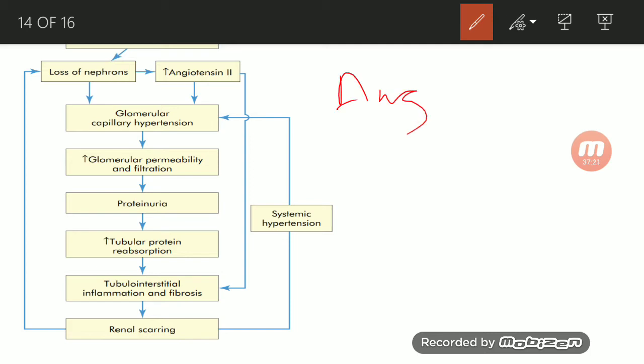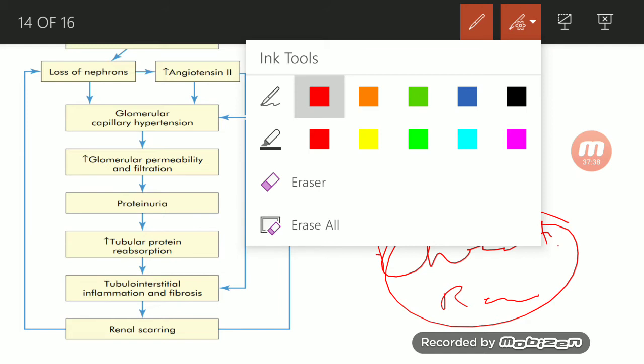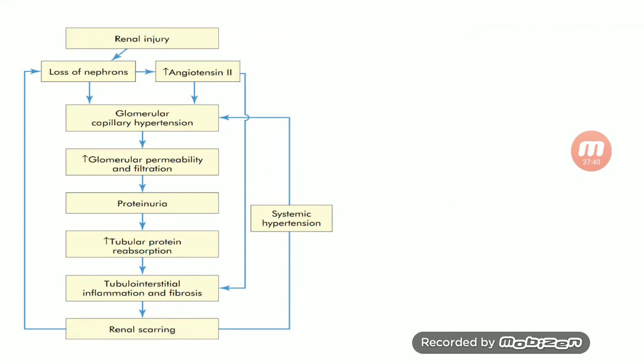It has always been seen that angiotensin 2 takes part in the formation of chronic renal failure. There is always angiotensin 2, which has been seen to play a major role in the formation of your chronic renal failure.